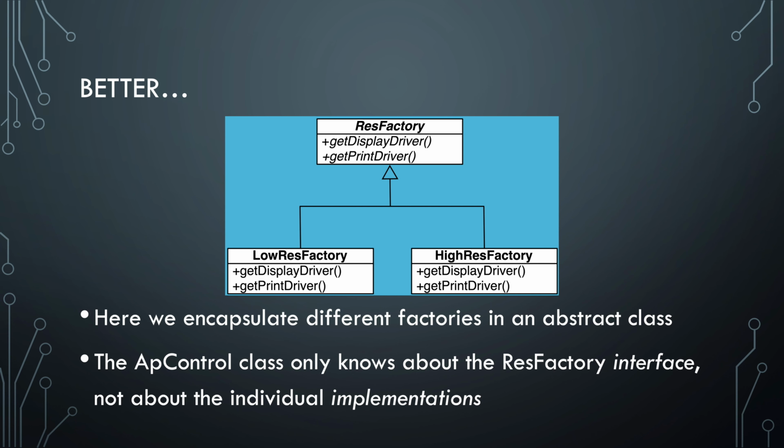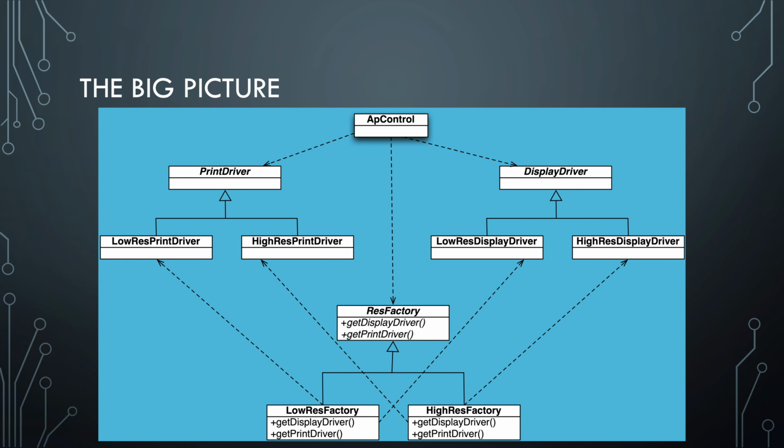And both of these factories are subclasses of an abstract factory called res factory. The app control context class only knows about this res factory interface and not about the actual implementations, low-res factory and high-res factory. Here's a quick look at the big picture of how all these objects are related.